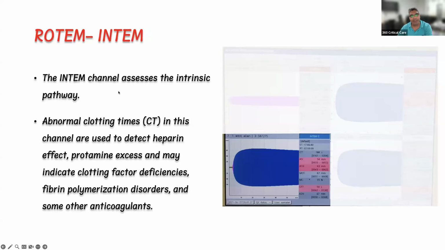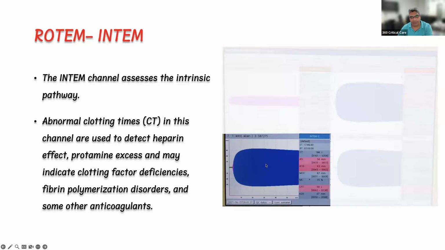INTEM, the INTEM channel assesses the intrinsic pathway. So abnormal clotting time in this channel is used to detect heparin effect, like APTT, similar type of thing. So if there is abnormality here, it is because of heparin effect, or it can also be used to look at protamine excess.